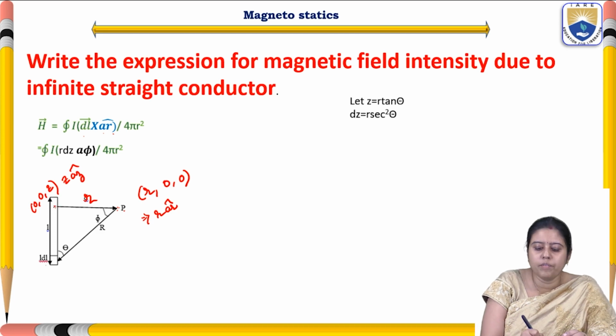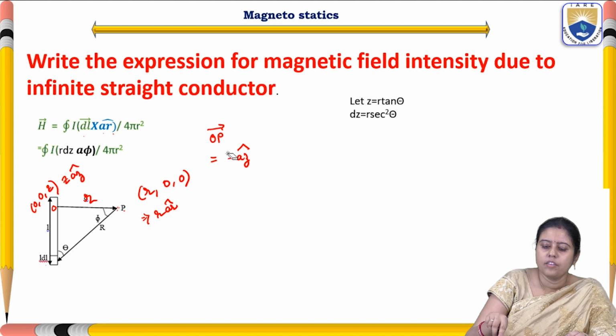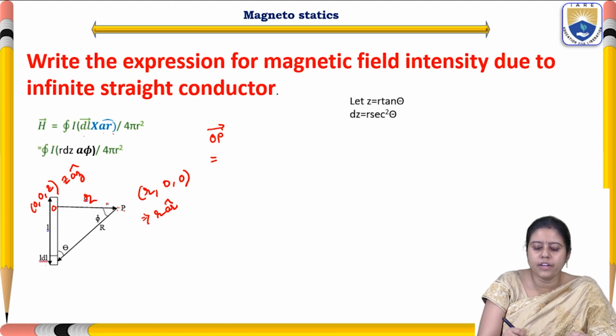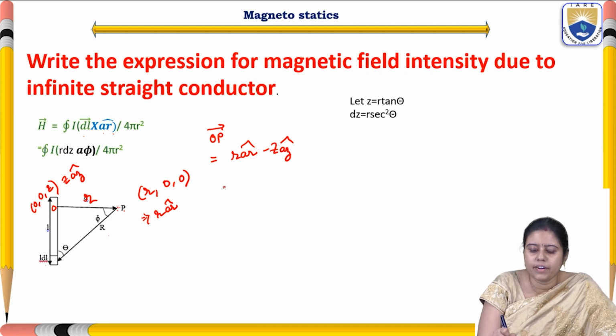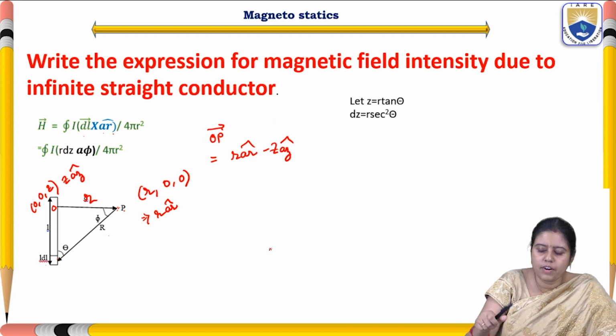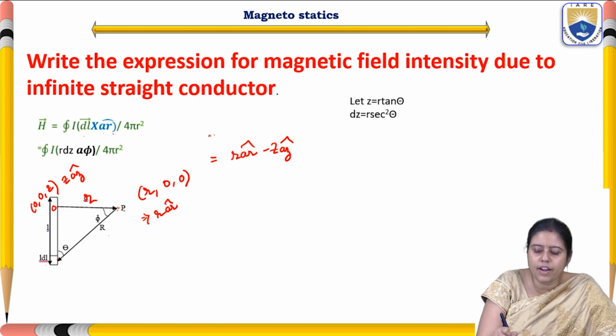So the equation of the vector is end point minus starting point, r aR minus z aZ. And what is the value of aR? The aR value we can get from the distance. This is our R value.